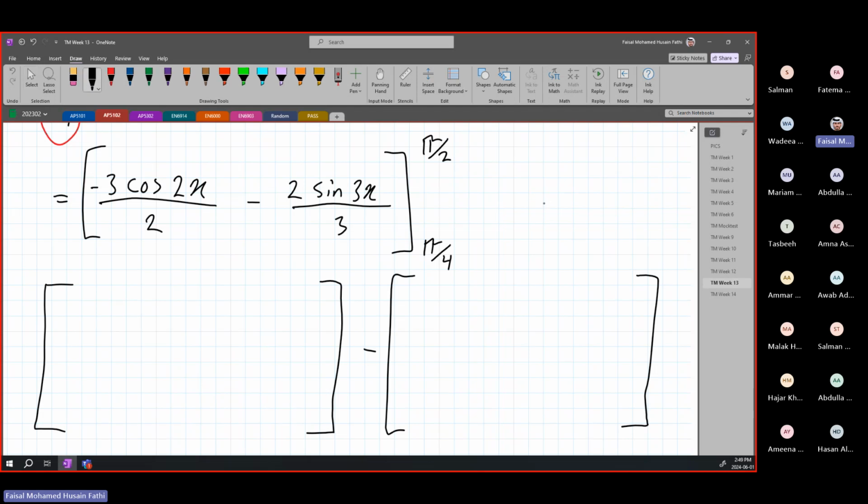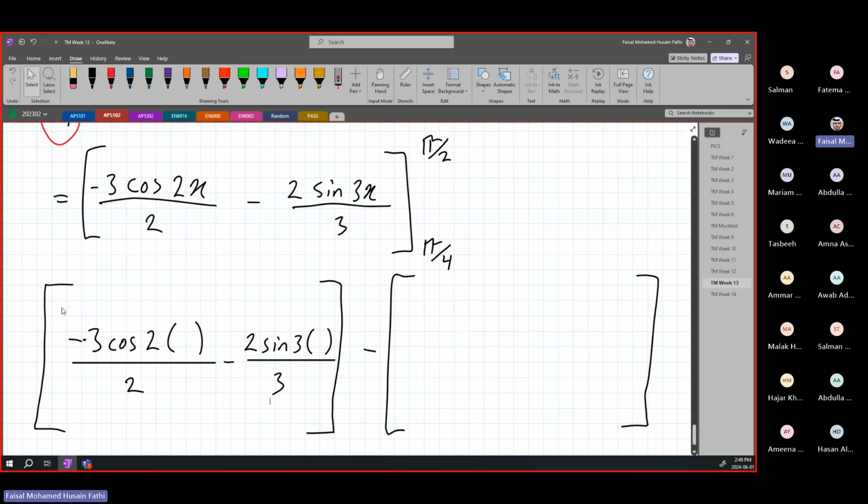So this is going to be your minus 3 cosine of 2x, where x we're just going to keep open, minus 2 sine 3x open over 3. The same exact thing, we're going to copy paste in the other bracket. The same exact thing.